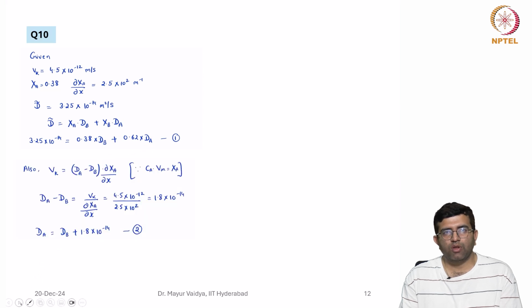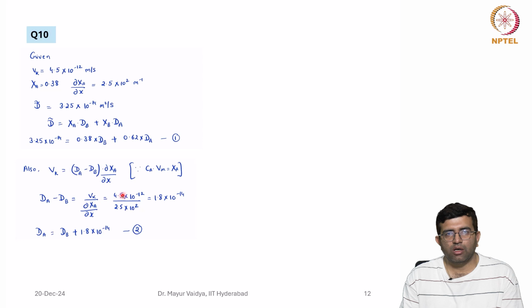That is where we will use the relation Vk is equal to DA minus DB into dXA/dx. So DA minus DB is equal to Vk divided by dXA/dx. We are given these two quantities, and if you calculate, you get 1.8 into 10 power minus 14. Therefore, DA is equal to DB plus 1.8 into 10 power minus 14.